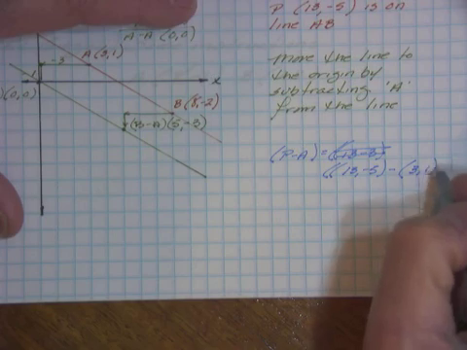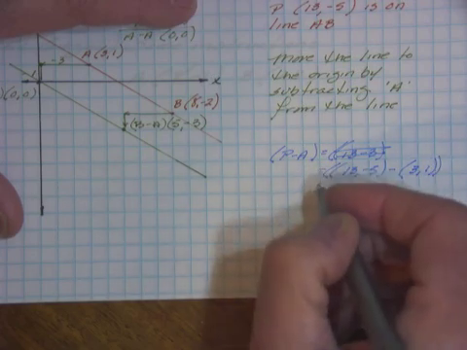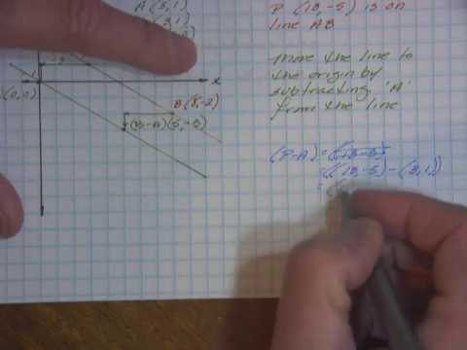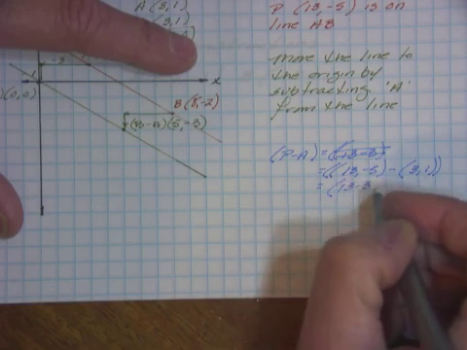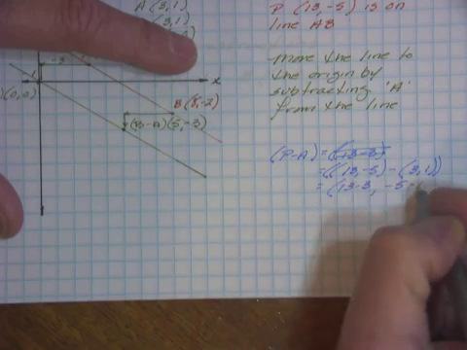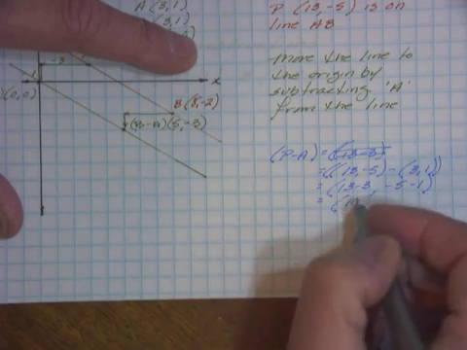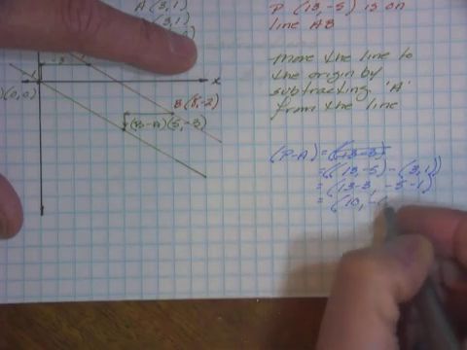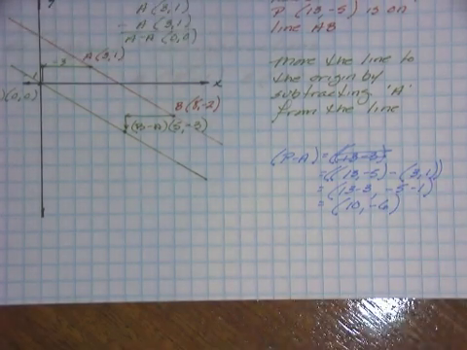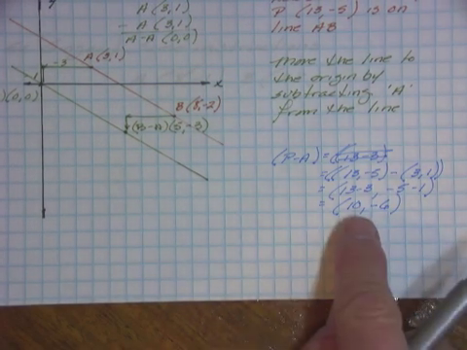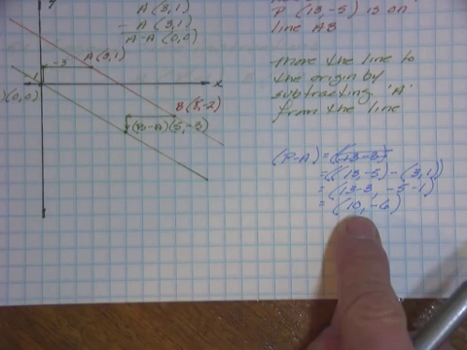We'll do it this way. So point P is at 13, negative 5, and I'm going to subtract point A, which is 3, 1. I just got a little ahead of myself there, because that is equal to 13 minus 3, negative 5 minus 1, which gives me 10, negative 6.